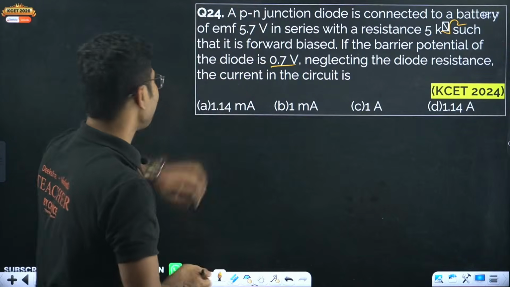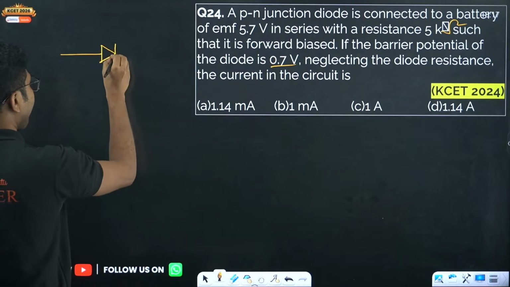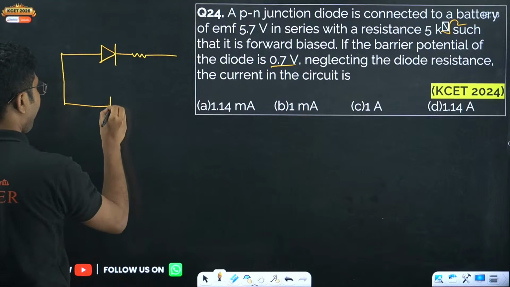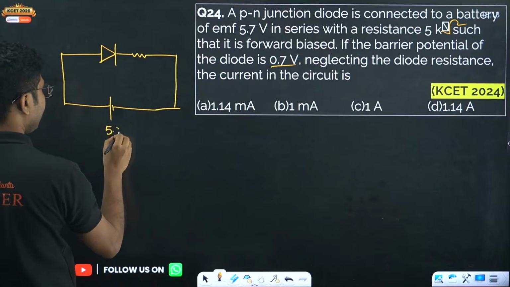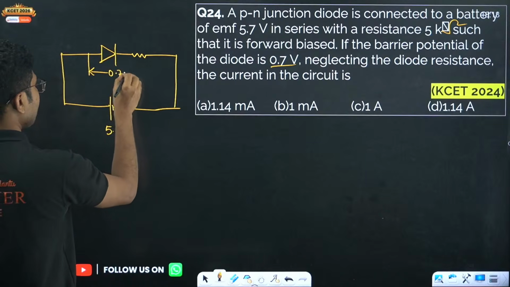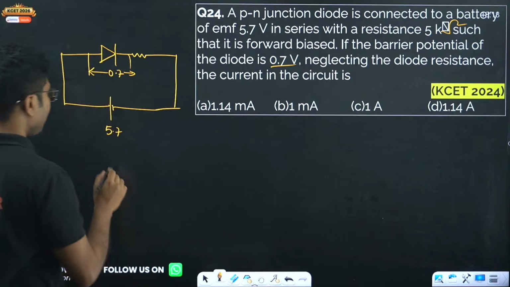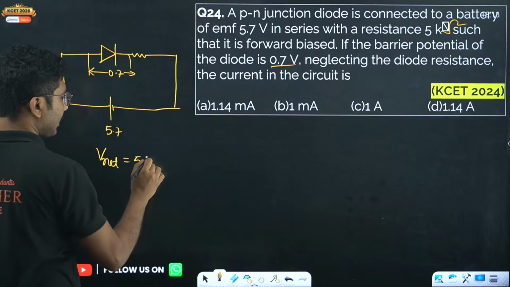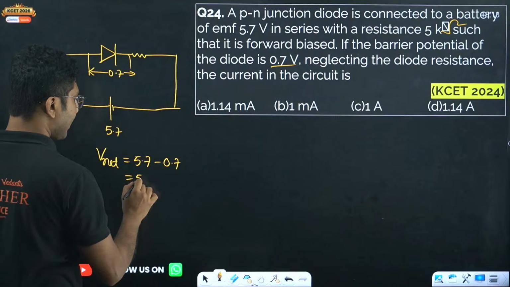So the EMF that you supply, suppose this is the diode. The supplied EMF is 5.7. The barrier potential is 0.7. Barrier potential is opposite to that of the applied potential. So the net effective voltage is the potential that you have applied minus barrier potential, that is 5 volt.